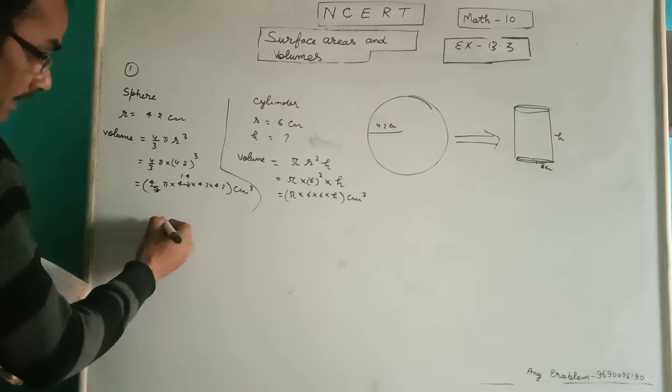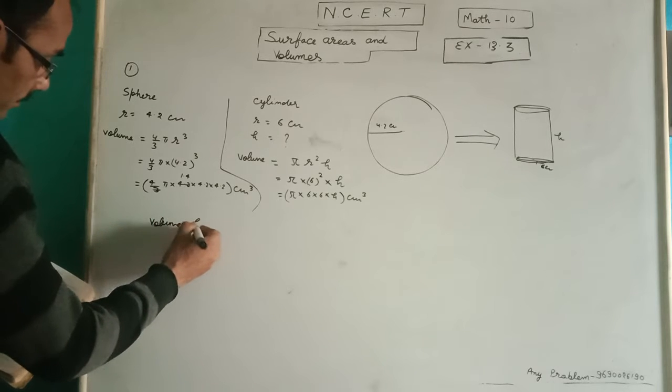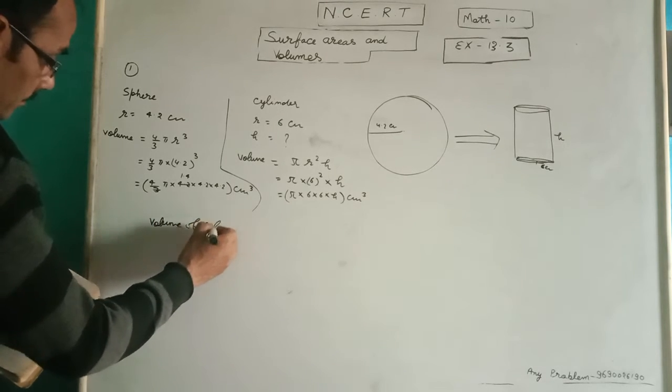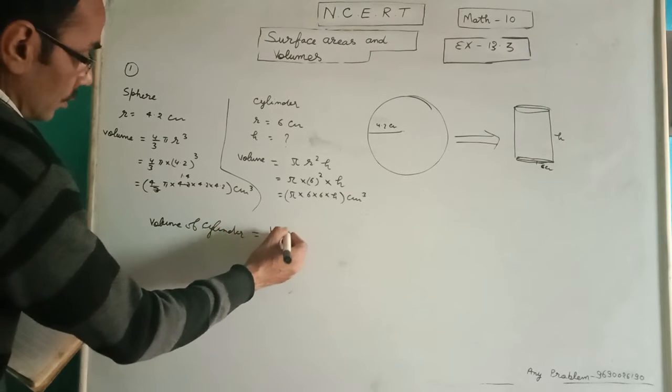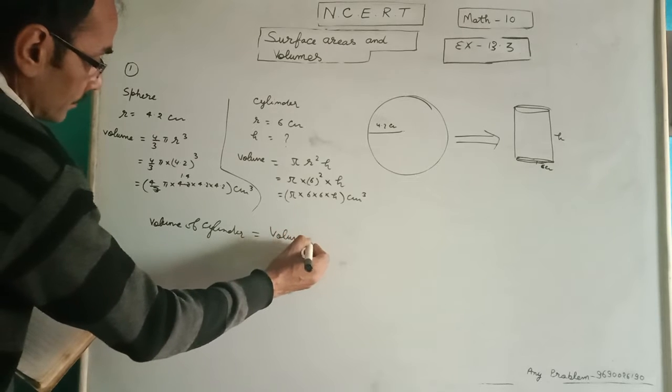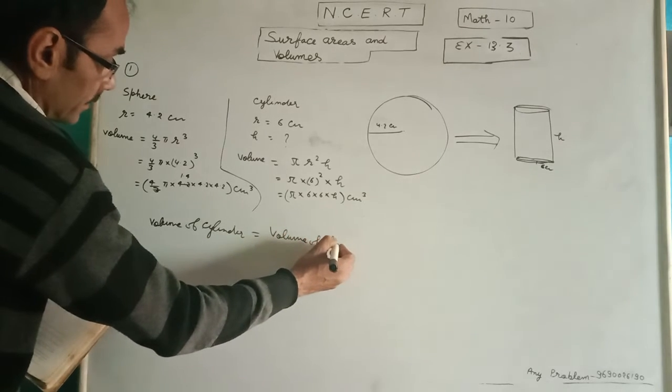Volume of cylinder is equal to volume of sphere.